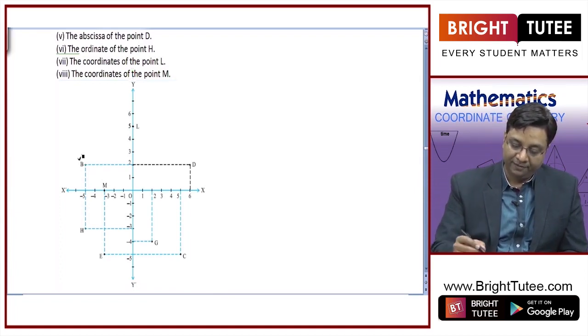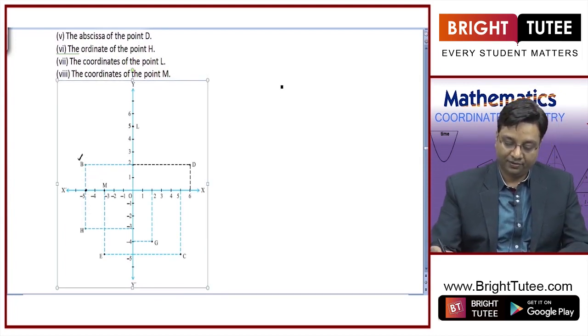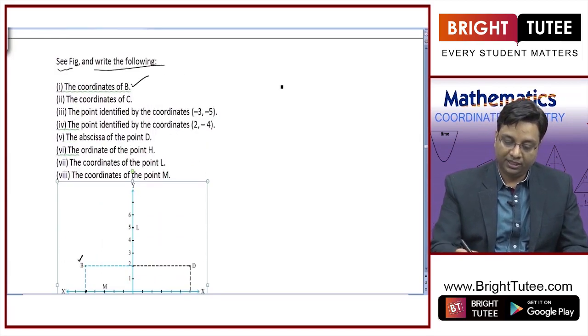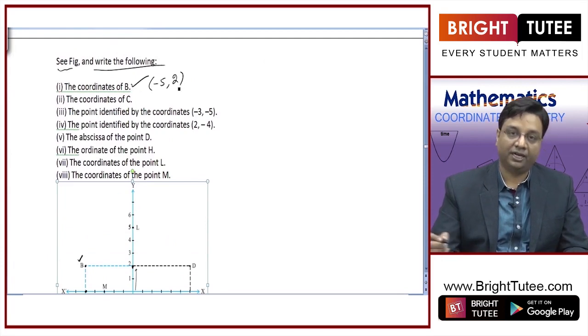To reach point B, you have to go 5 units in the negative x direction, right? So, the x coordinate will be -5, and you have to go 2 units in the positive y direction.